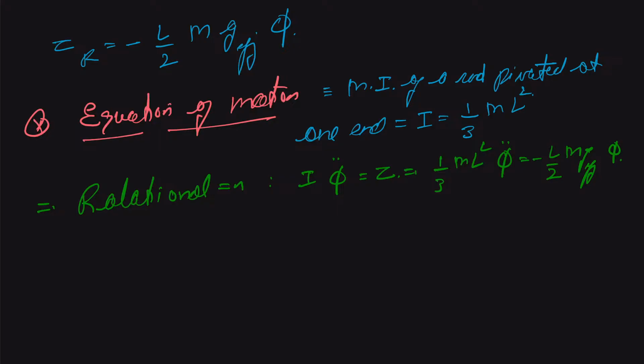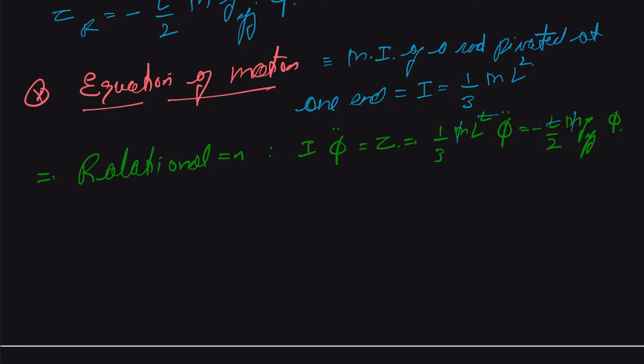Here m and L cancel. Therefore, writing it in the standard format of the equation, phi double derivative plus 3 by 2 G effective by L phi is equal to 0.